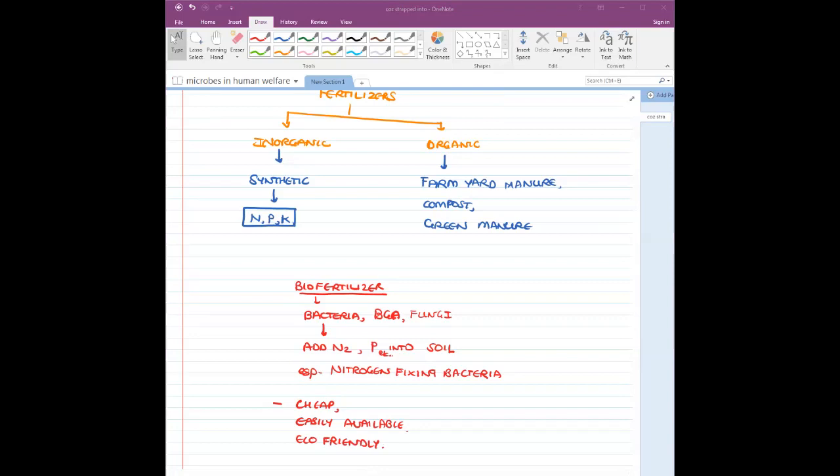Then the other category is cyanobacterial, because they make use of cyanobacteria. And the third one is going to be your fungal biofertilizers. These are the basic types of microorganisms.